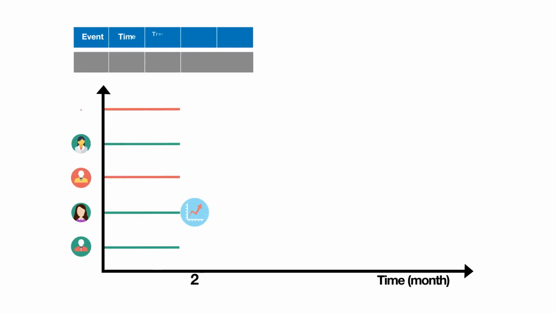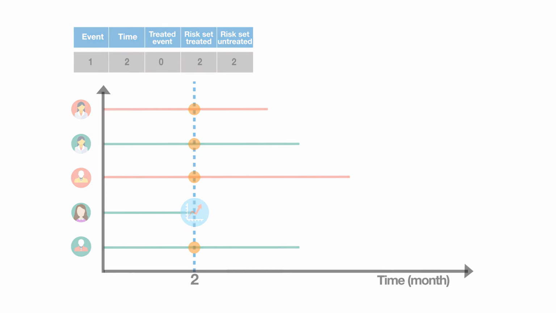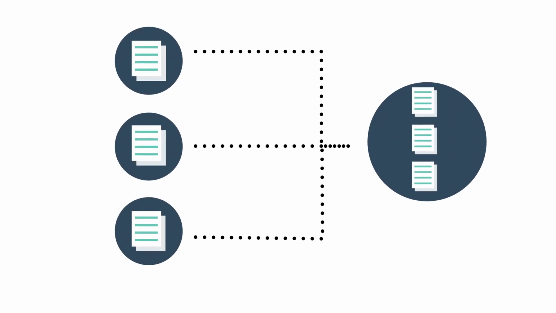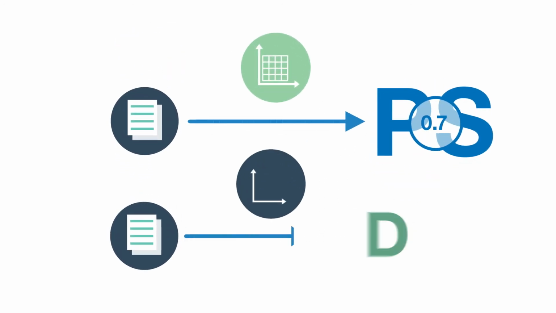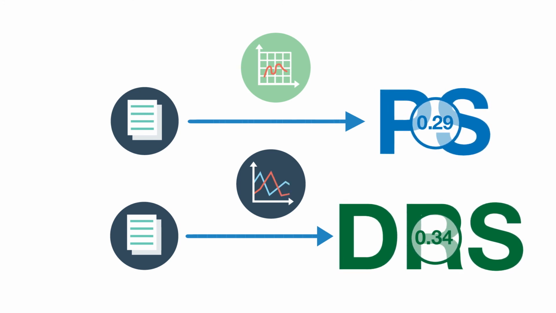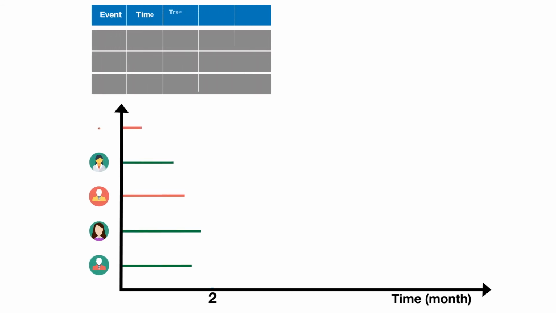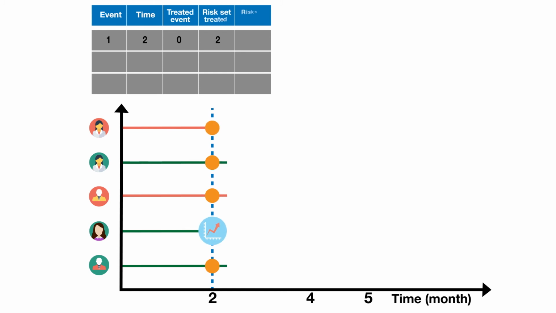Another method that can be used with propensity score or disease risk score is to create a risk set. To create a risk set, each organization estimates the propensity score or disease risk score for their patients in the study, then reorganizes the data from a patient-level layout to a risk set format. More specifically, you create a risk set each time an outcome event occurs.